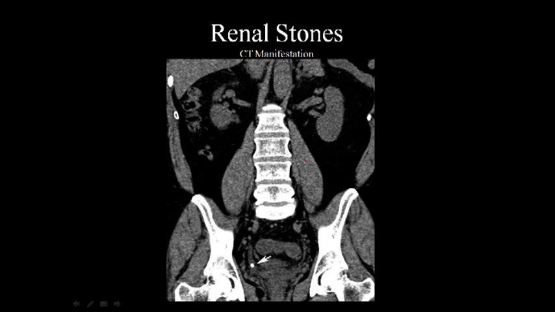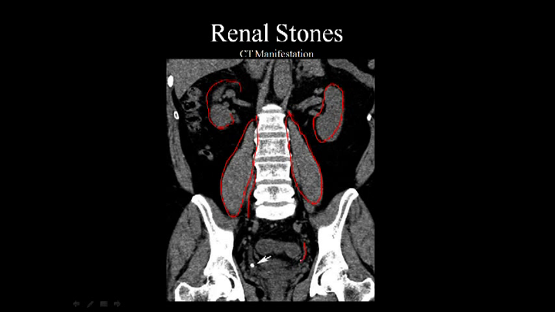Okay, this just demonstrates the benefits of a coronal image over sometimes an axial image. We have the psoas muscles here. Typically your ureters are going to lie around the psoas muscles. We have the kidneys here. And then it seems like we're tracing the ureter potentially coming here.